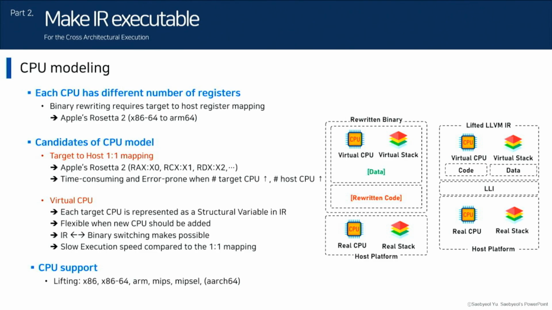So we use virtual CPU modeling. In LLVM IR, the virtual CPU is represented only as a structural variable. It is flexible, but a little bit slower compared with one-to-one direct mapping.